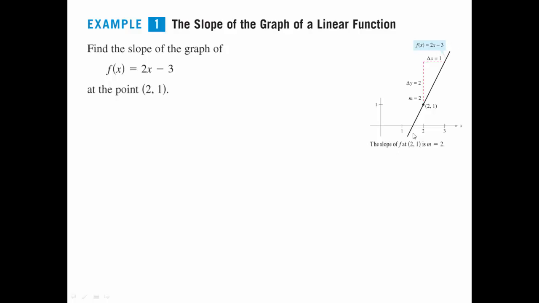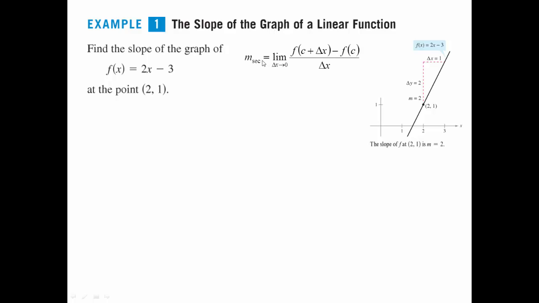The slope is 2 everywhere on the line, so I don't care if you're talking about the point 2, 1. Everywhere the slope is 2. Well, yeah, we're going to be able to get that, but I want to show you how we do that, because this is a simple form of what we're doing, and it's going to get a little bit uglier, so let's start with the easy ones.